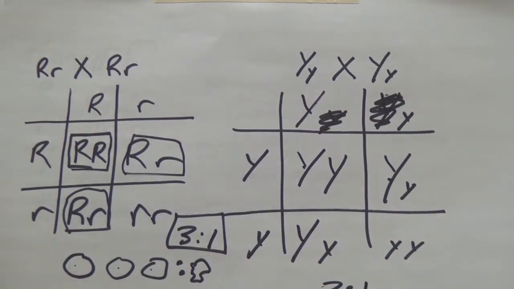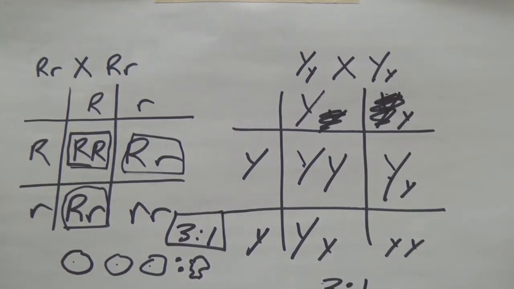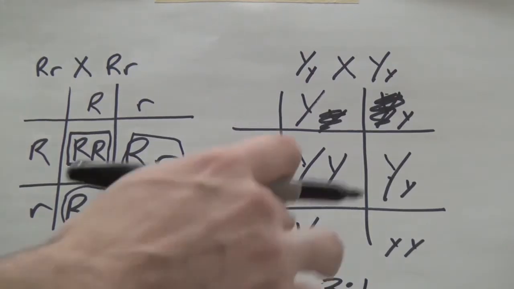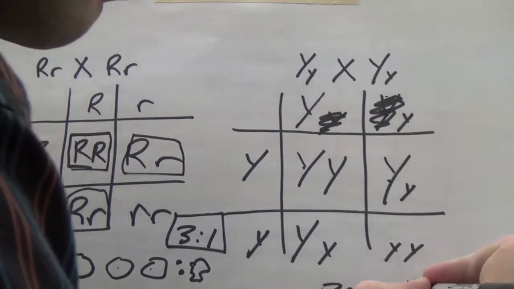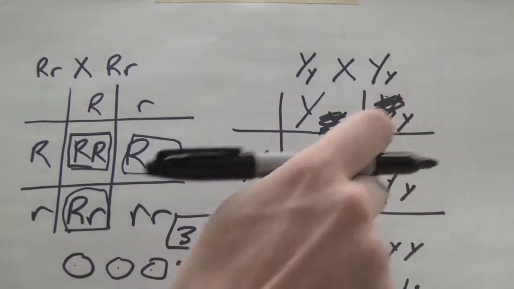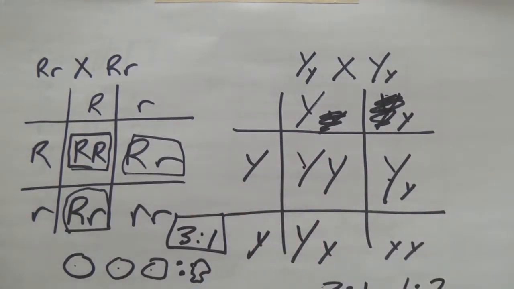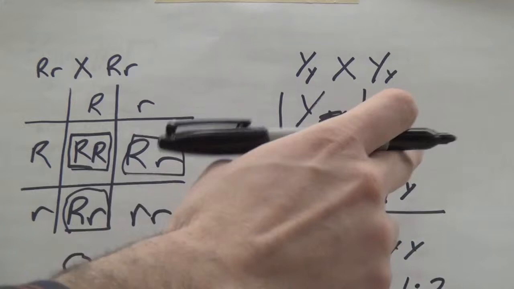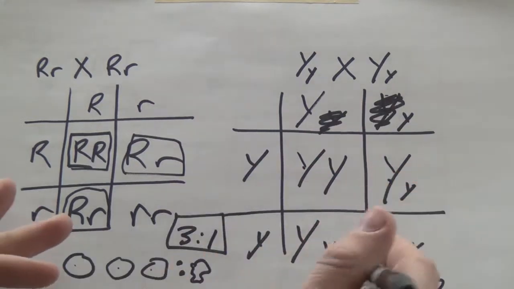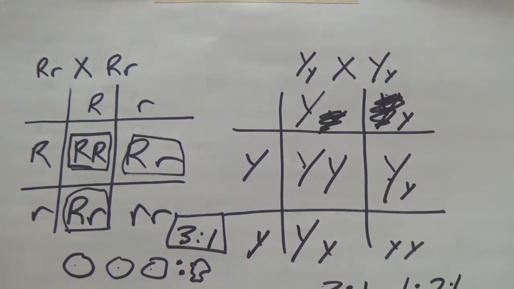Now you can also do a genotypic ratio, the genotypes. That means, what do the genes look like? Well, we have 1 homozygous dominant, 2 heterozygous, and then 1 recessive. Can't really see that.